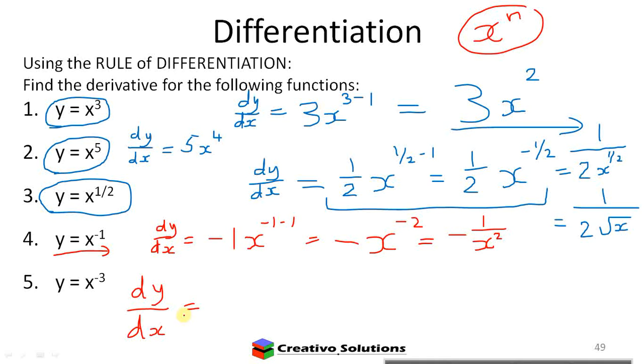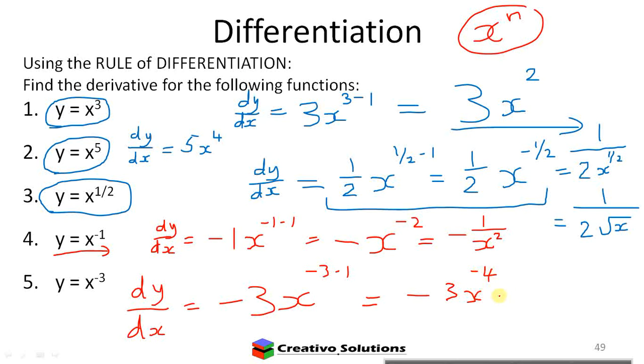Yeah, y equals x to the minus 3. So that's the function. How do I get the derivative? Apply the same process. What do I do? Okay, so it's minus 3. Correct. Minus 3 minus 1. Exactly. Easy, hey? Minus 3, x to the minus 4.